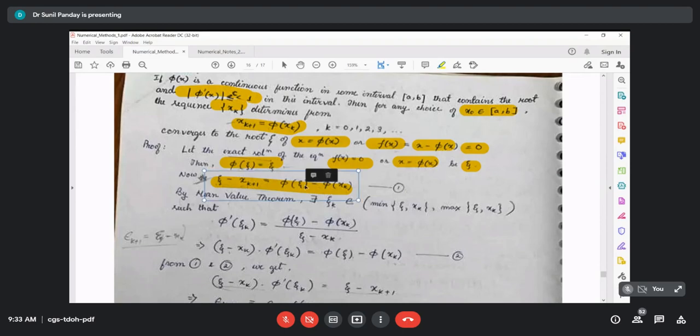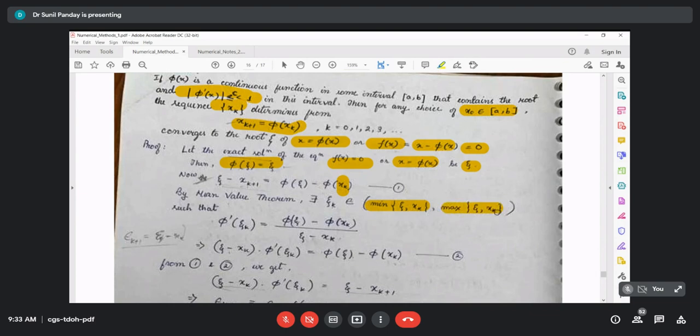On the right side, we will think about this part only. One point is xi, the exact root, and another point is xk, which is the point of the sequence. Either xk is greater than xi or less than xi, so we create an interval such that whichever is minimum comes first.